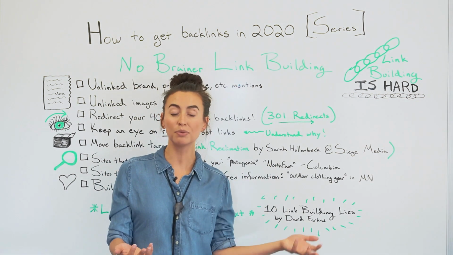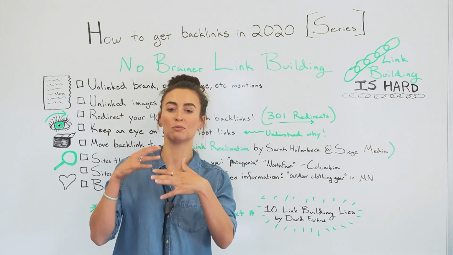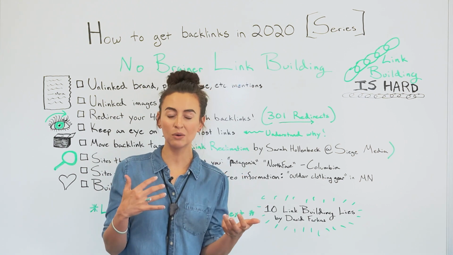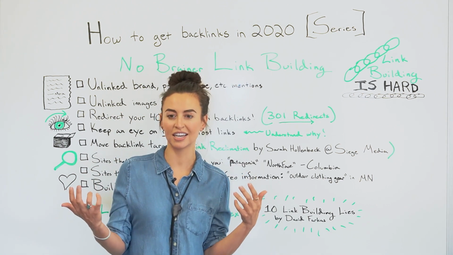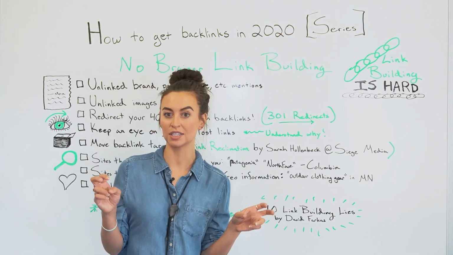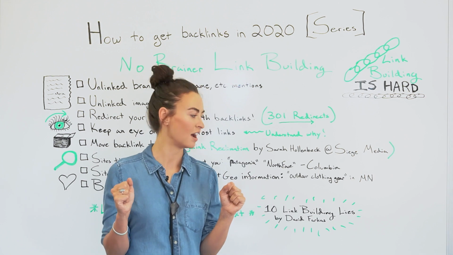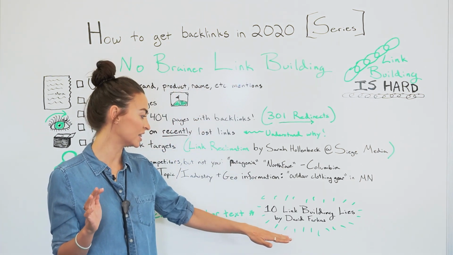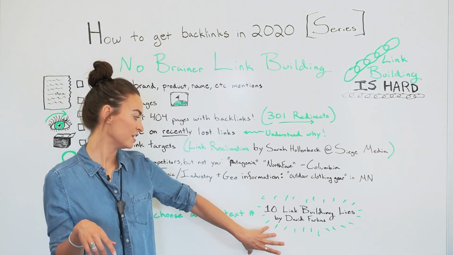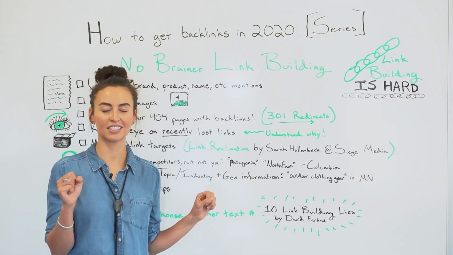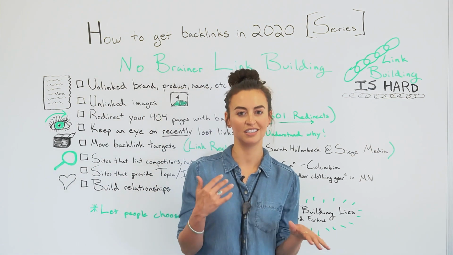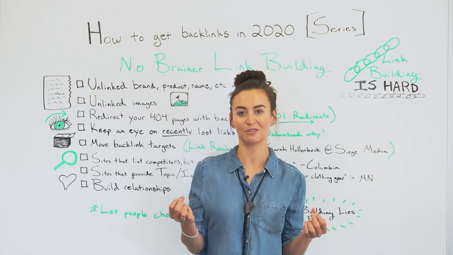Especially with the addition of BERT, Google has gotten so much more sophisticated in understanding text and language and websites that it's really unnecessary and might even cause problems to ask for those specific anchor link texts. So definitely take a look at this article we'll link to down below by David F. here, who wrote about link building lies. It's a really great article, and we'll continue to build upon this series to provide you with some fresher information around link building today.